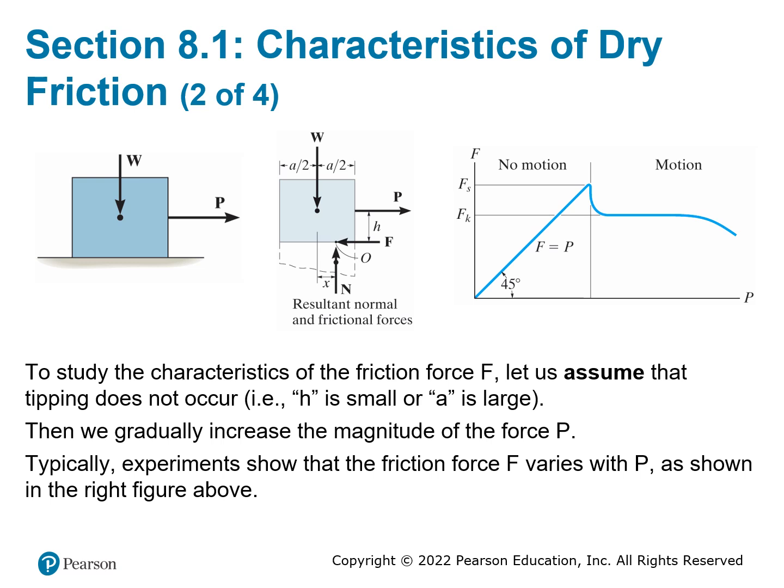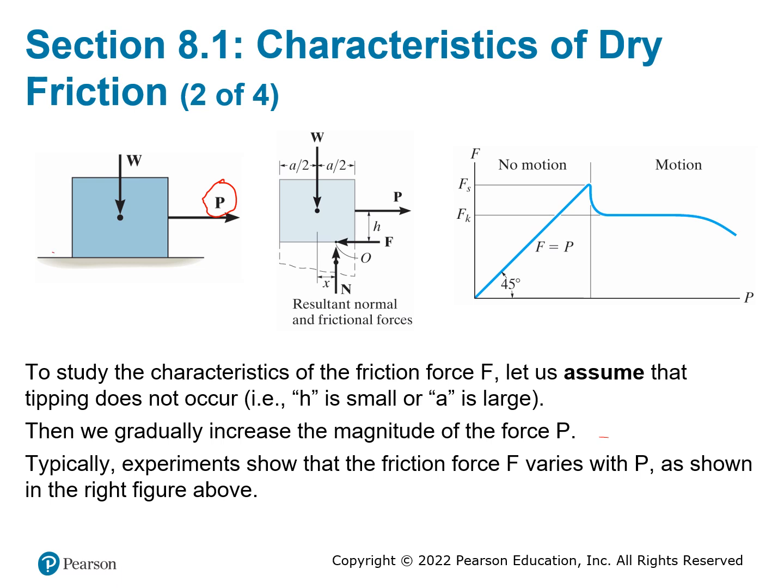So by doing the experiment, we try to understand how much friction force is needed such that the object would not move. A very easy experiment that you can do is to put a block on a table and slowly increase this P, and see if the block does not move and how much P I apply.